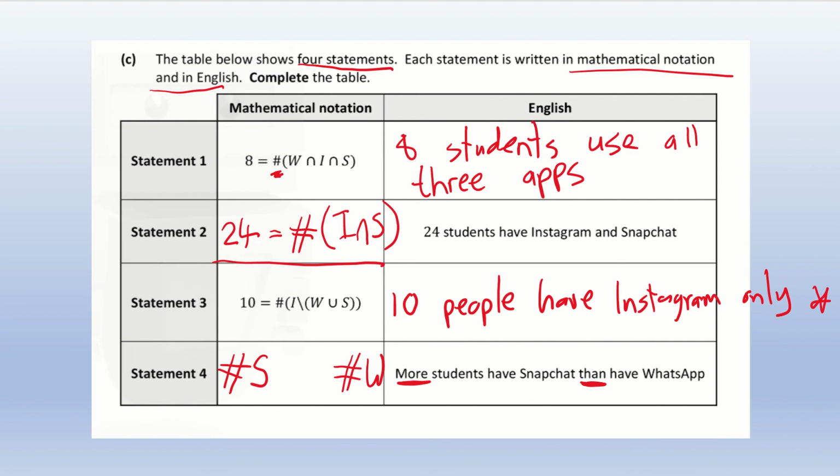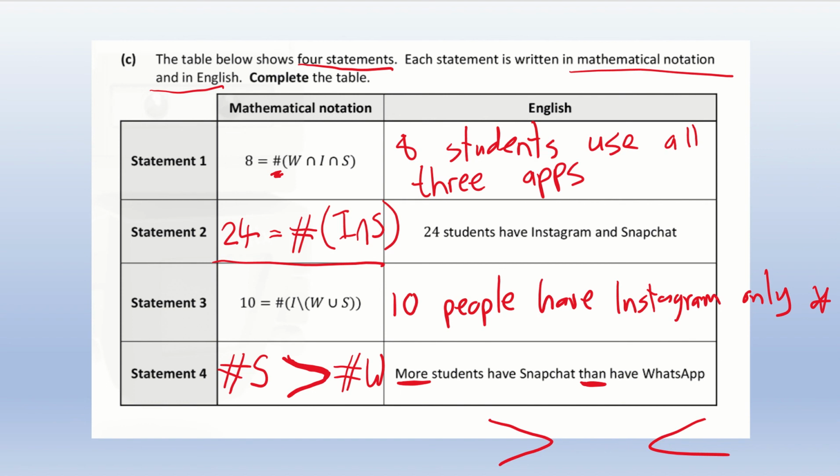Do we have a symbol for more than? If you can't remember, I'll just jog your mind back to inequalities, the greater than and less than signs. If we are trying to use those symbols to say that Snapchat have more than WhatsApp, we are going to point the arrow this way.